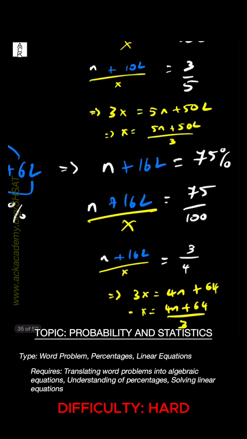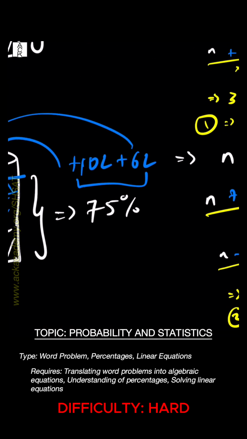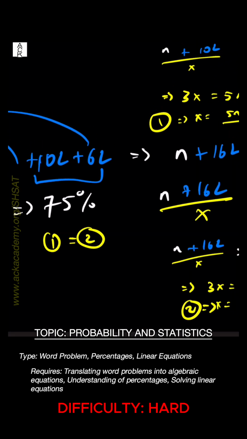Now we have two values of x, and we still need to figure out what the value of n is. We can do that now. We can take these x's, this one here and this one here, and set them equal to each other.